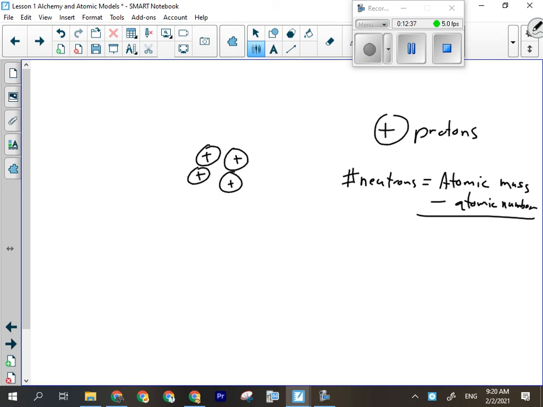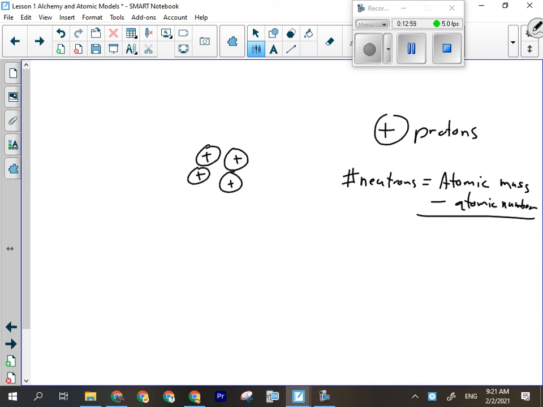And then round it to the next whole number because obviously you can't have 0.5 neutrons, or even 0.10 neutrons. If we're looking at beryllium, its atomic mass is 9.01 grams per mole. So 9.01 minus 4 gives 5.01.